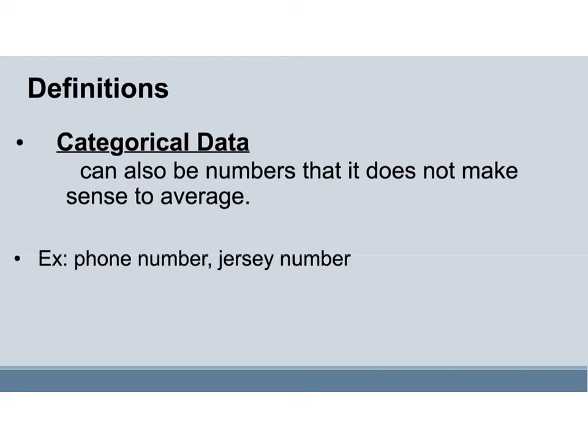So if adding numbers up and averaging them makes sense, it makes it quantitative data. If it doesn't make sense, like phone numbers, jersey numbers, that the average is not like the middle person, that is categorical data.